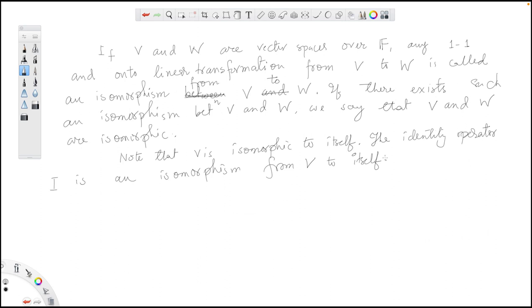Now I leave it as an exercise for you to verify that isomorphism is an equivalence relation on the class of vector spaces over a given ground field.